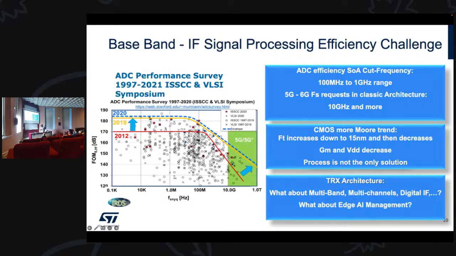But for high sampling frequency, between 10 giga and more, it is not so obvious. If you look at the low limit of the 5G at 10 gigahertz, you lose about 20 to 30 dB of efficiency.